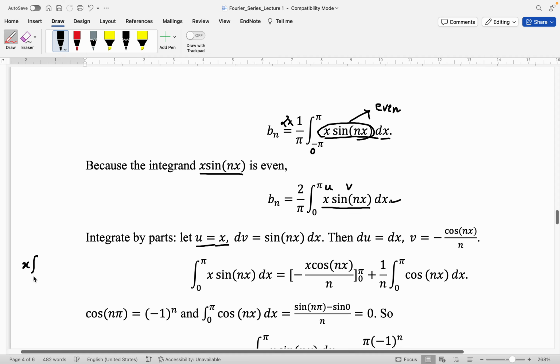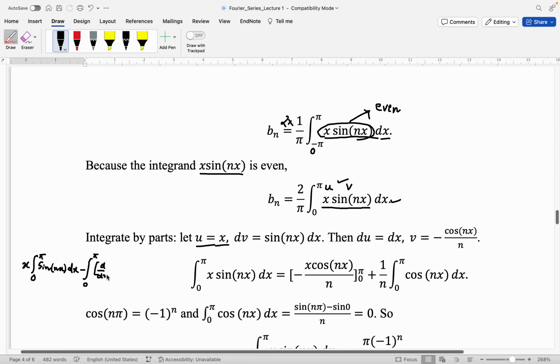Then integration, you take 0 to pi. This 2 by pi is there. I'm just integrating this part. So this is 0 to pi, and then you can take it as sine of nx dx, and then you can take a minus here, and then you can integrate here, then it is 0 to pi, and then d dx of x.